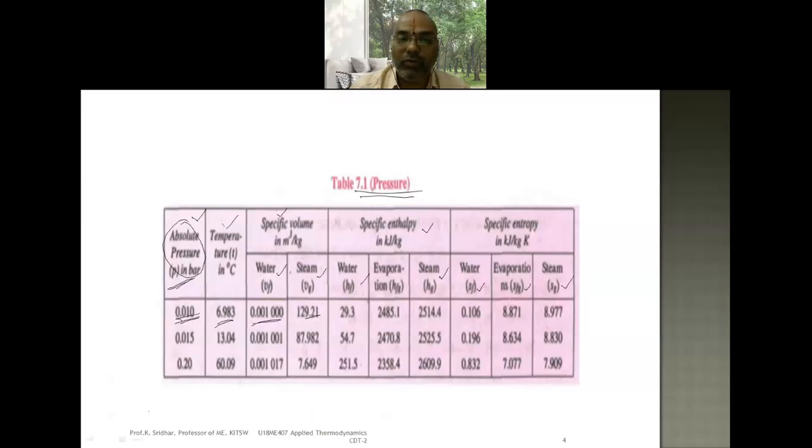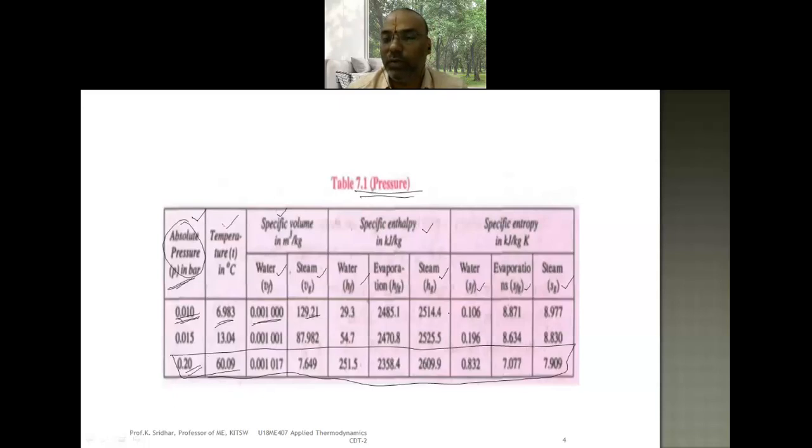If the pressure varies from 0.01 to 0.2 bar, you just have to note down the corresponding properties of the steam at 0.2 bar. We are able to get these from the steam tables.